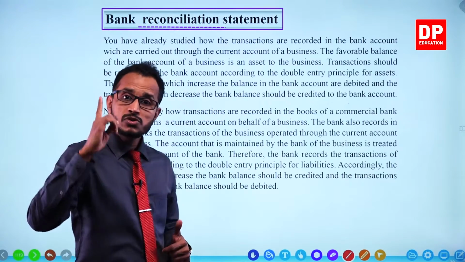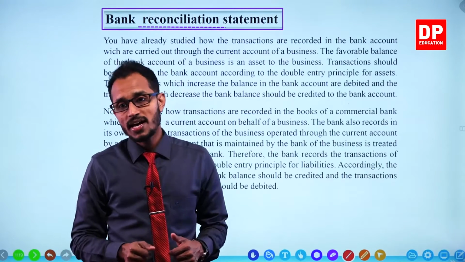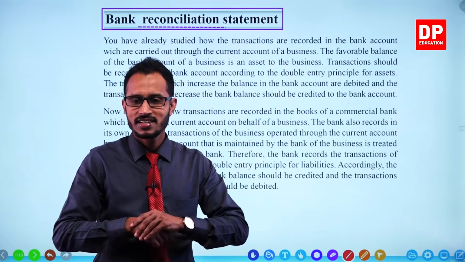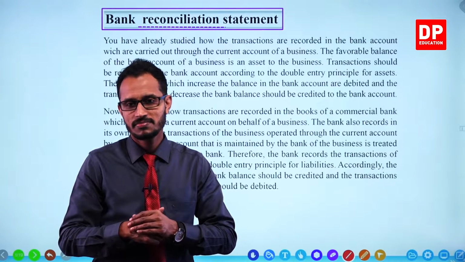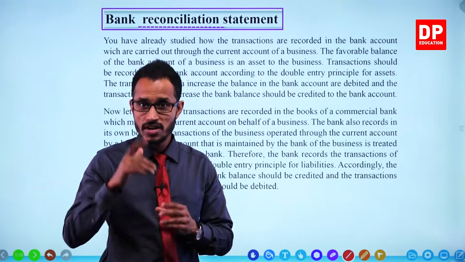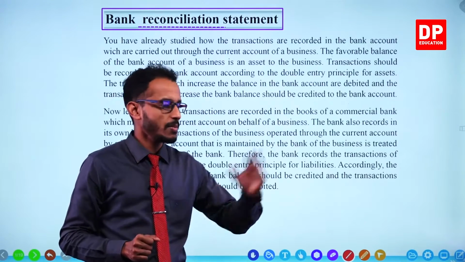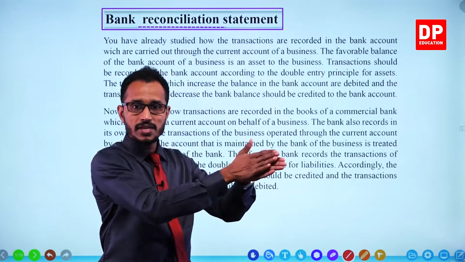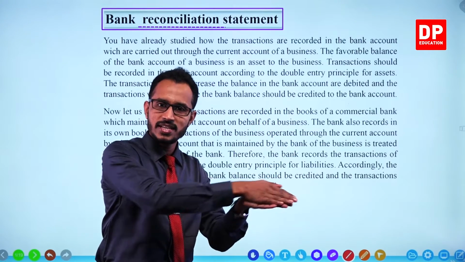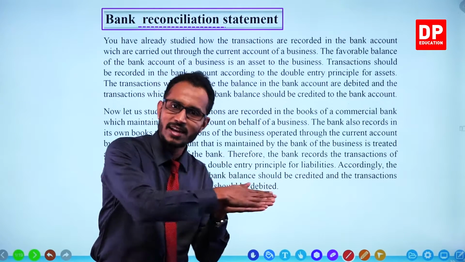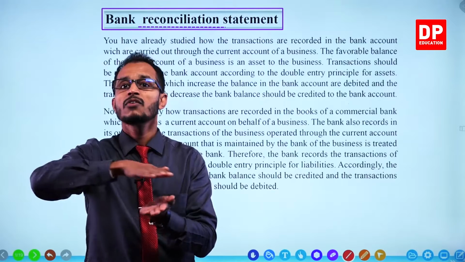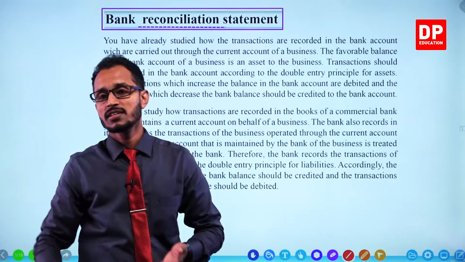By recording all those transactions, the bank also prepares a table, a statement every month. Yes, that is true. Every month, all your transactions are recorded by the bank and printed on a statement, put in an envelope, and sent to you, the account holder, via post.